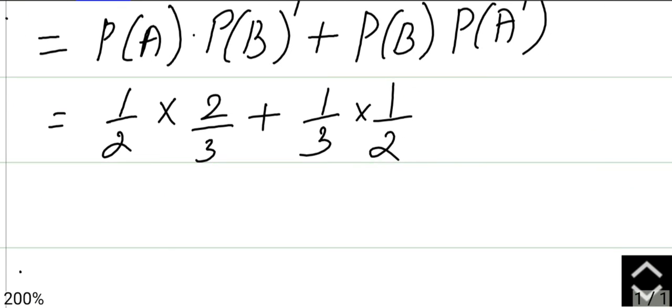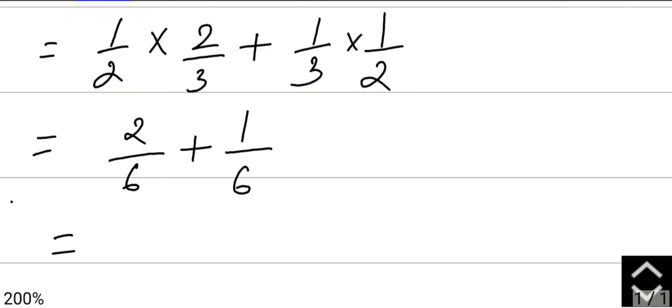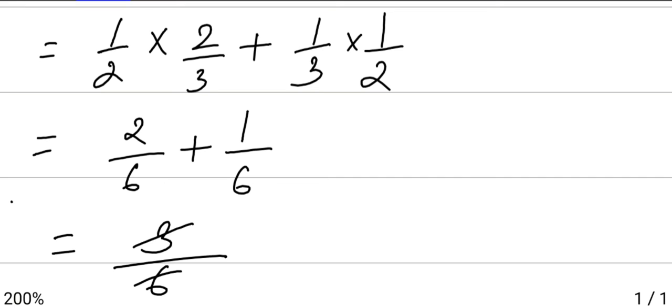So here it is 2 by 6 plus 1 by 6. If you have the same denominator, add the numerators. So it will be 2 plus 1 will be 3. 3 ones are 3, 3 twos are 6. So it is 1 by 2. The probability that exactly one student solves the problem is 1 by 2.